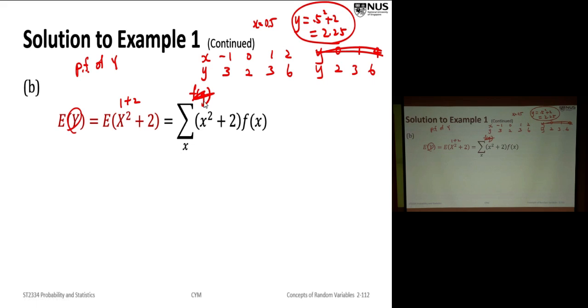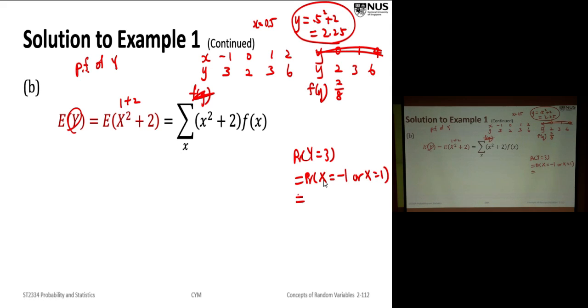What is the chance that y equals 2? So y equals 2 means that x equals 0. So it is 2 over 8, f of y. While y equals 3. Y equals 3 means that the probability of y equals 3 is equivalent to the probability of x equals -1 or x equals 1.